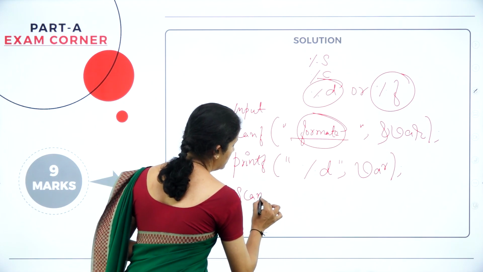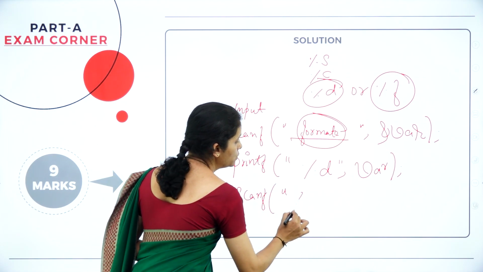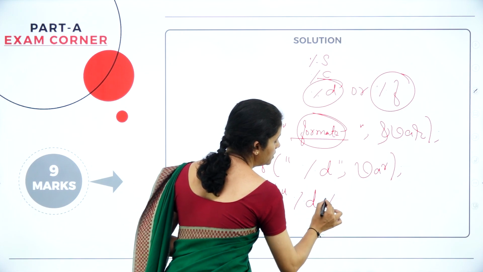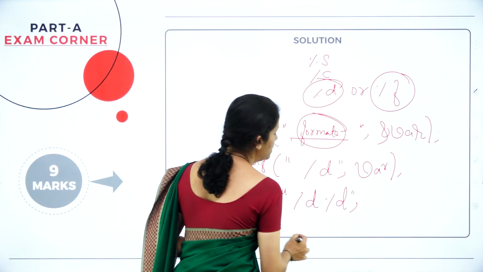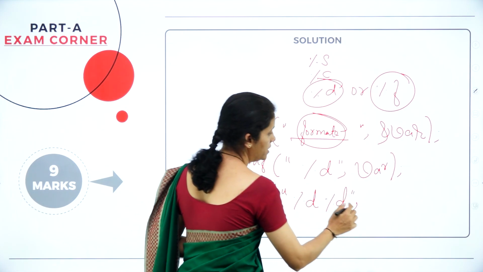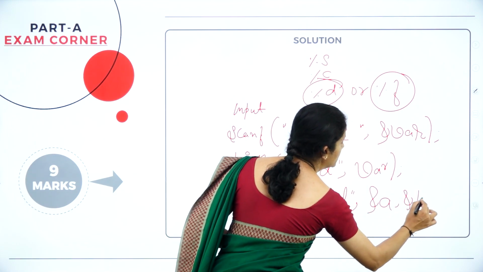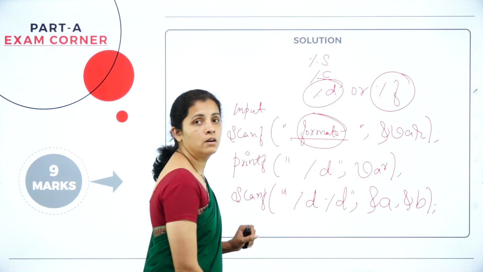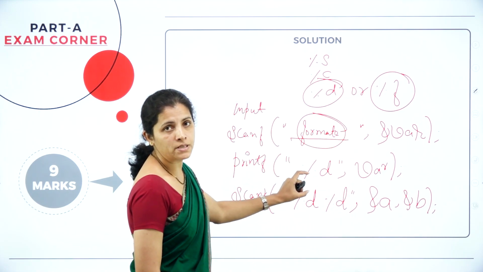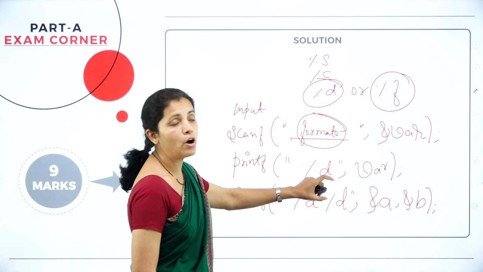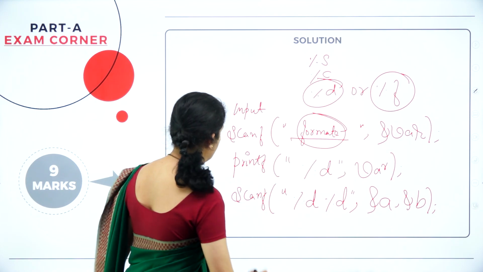scanf, think that I'm going to use integers. So for 2 integer numbers, percentage d percentage d, then ampersand a, comma, ampersand b. This is the example for input format specifier.